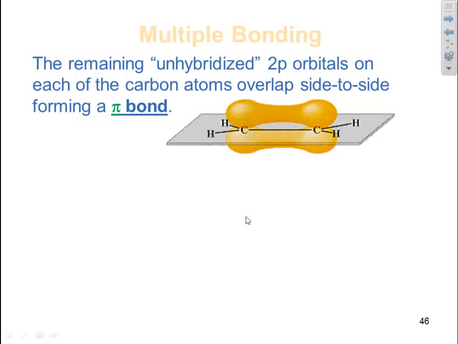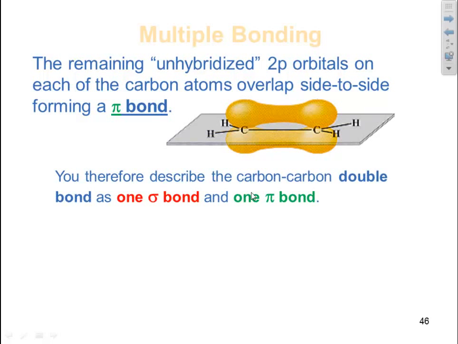The remaining unhybridized 2p orbital on each of the carbon atoms overlap side to side, forming a pi bond. So you therefore describe the carbon double bond as 1 sigma bond and 1 pi bond. Here's your overlap here, above and below the axis. Okay, so those are pi bonds. Your pi overlap.